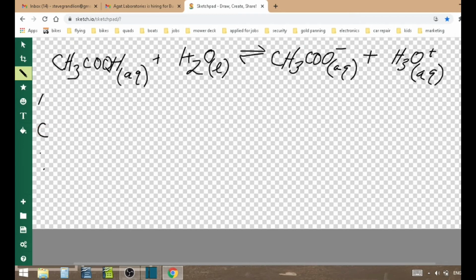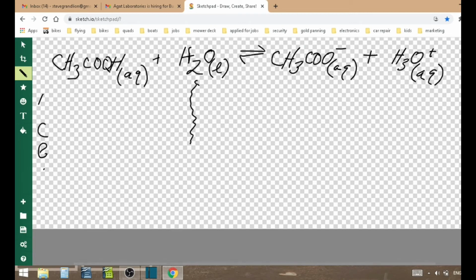Now, according to the rules of equilibrium, a pure liquid or a pure solid, neither of those will appear in the equilibrium expression. Just these species in the same state, the aqueous species, so the acetic acid, the acetate ion, and the hydronium ion. So typically with these ice tables, I just scribble out the liquid water to show those values need not be considered.